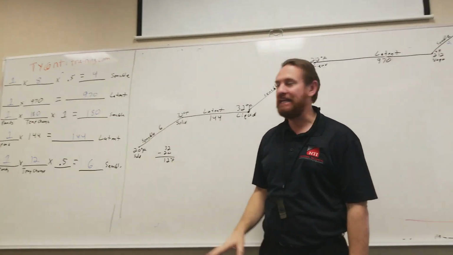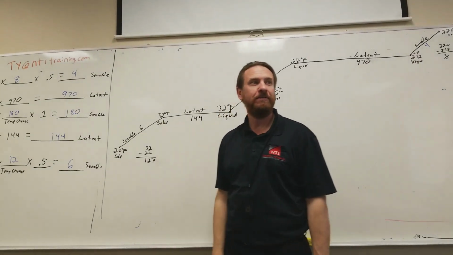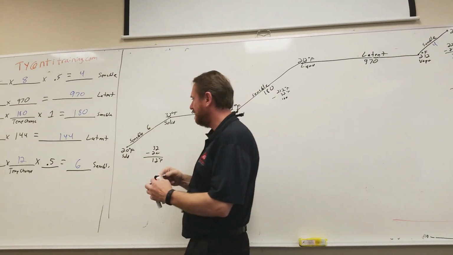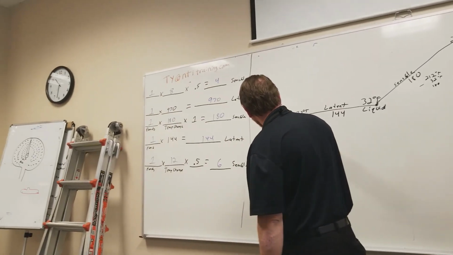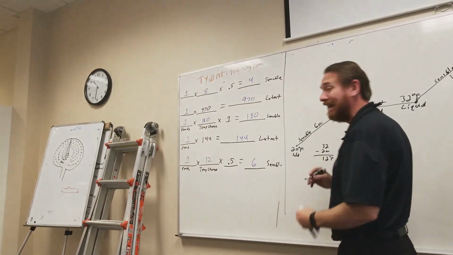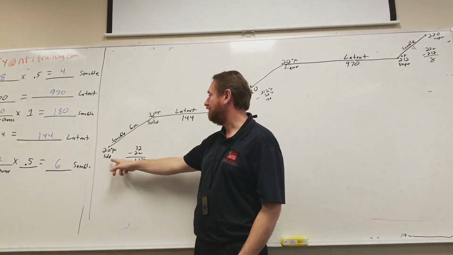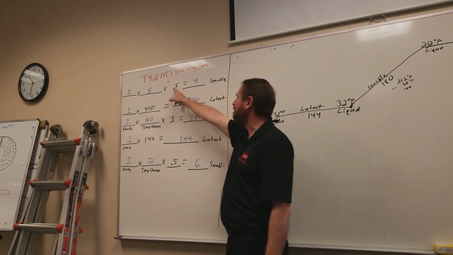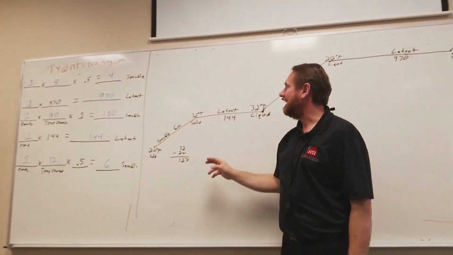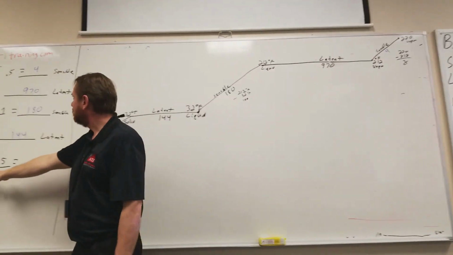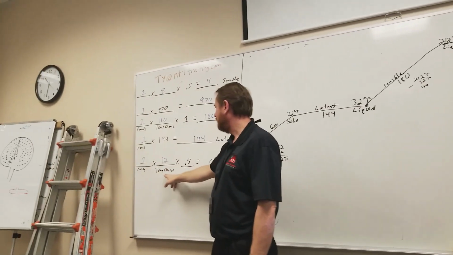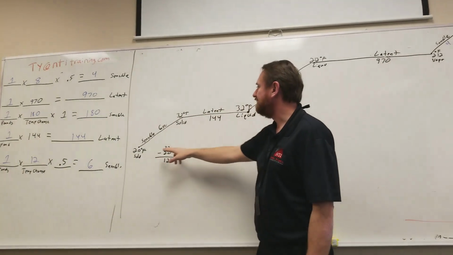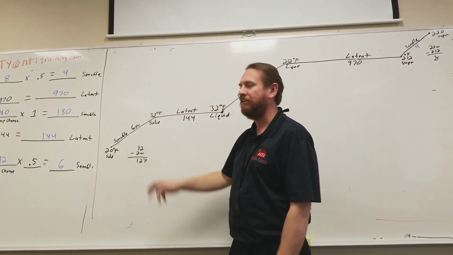So if I'm going to put heat into it to make the temperature of ice go up, I apply heat to it. I put into this 6 BTUs of heat. So if I put 6 BTUs into solid ice, 1 pound, it's going to take it from 20 to 32. And here's our formula. 1 times 8 times 0.5 is 4 BTUs. Now, this one. 1 pound times temperature change of 12 times 0.5 is 6 BTUs. So it takes 6 BTUs to go from 20 solid to 32 solid.